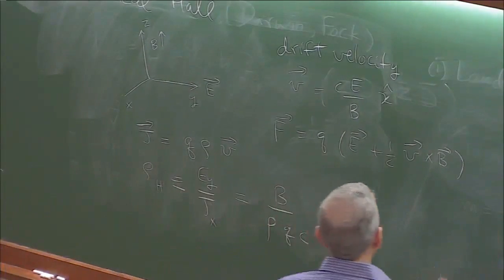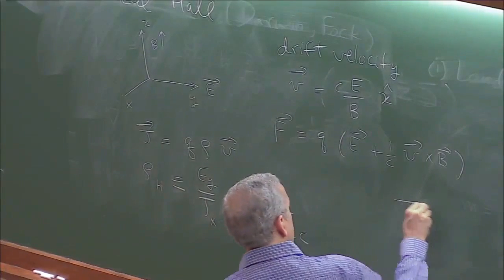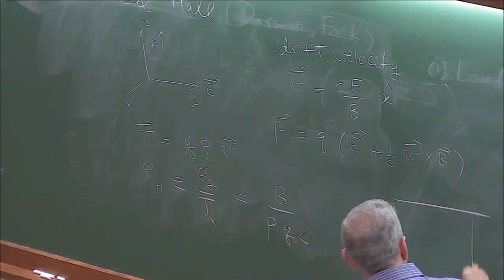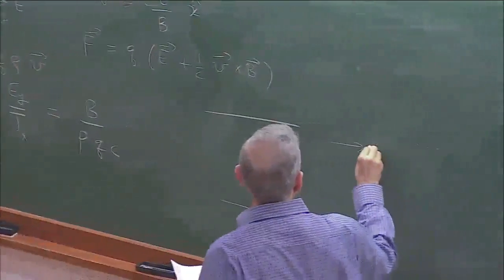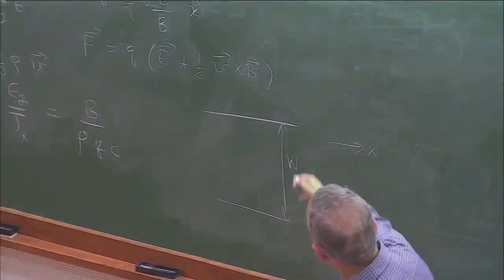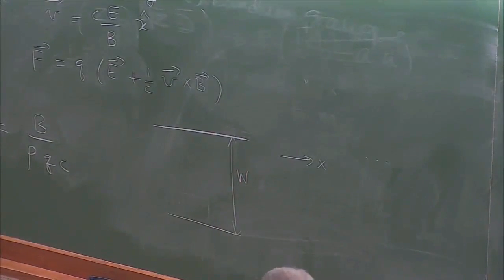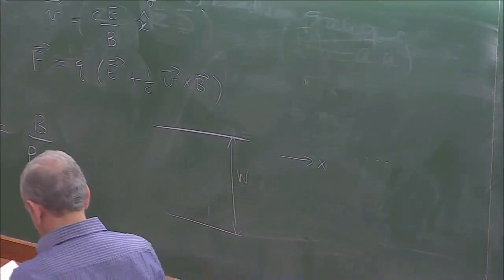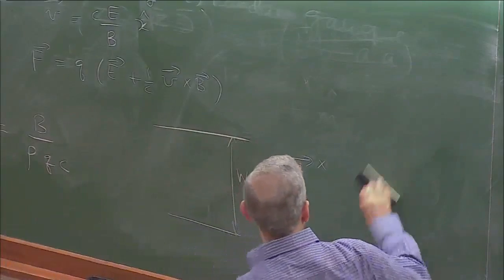Now let's consider a two-dimensional system. And let's say this is my x direction and the width of my sample is some w. And now I'm going to write an expression for Hall resistance.